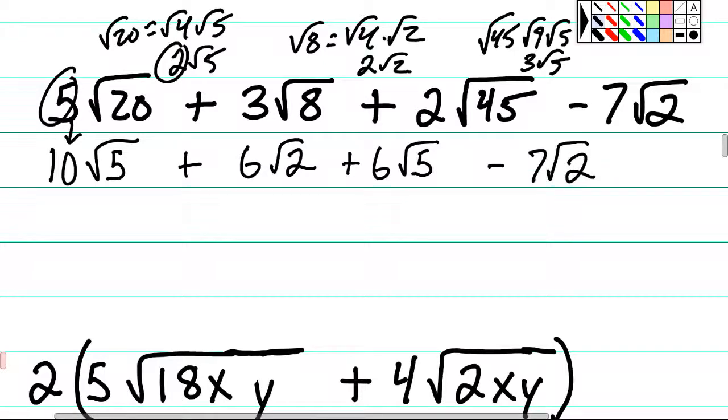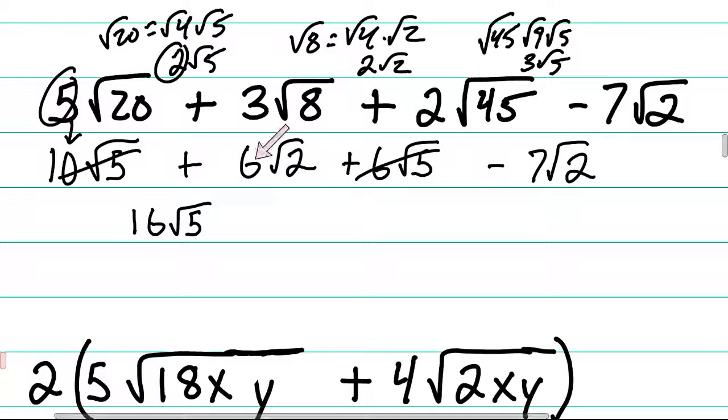So at this stage, we're looking for like terms. Remember, like terms have the same variable raised to the same degree, or if we're dealing with radicals, in this case, when they got the same radicand, basically, the number under the radical. So this is a root 5 term, that's a root 5 term. I've got 10 of these things, plus 6 more of those same things, so that puts me at 16 of those root 5s, done with that.